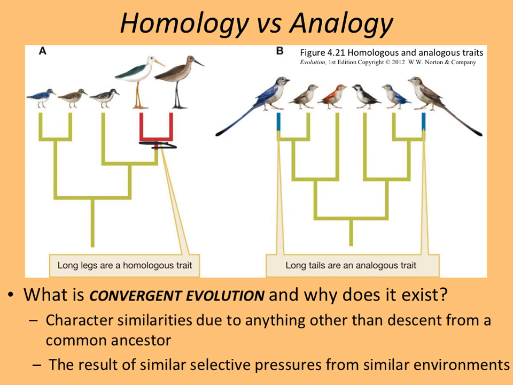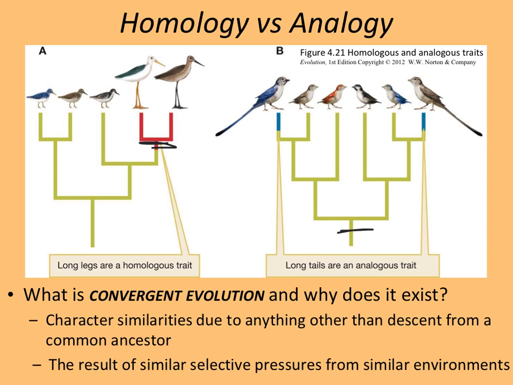On the right, long tails; all the other ones had short tails. It's most likely that at the very base, right here, the most recent common ancestor had short legs, right? And short tails. So what happened was, because of, let's say, sexual selection, females like long tails, or long tails are useful depending on where an animal lives.